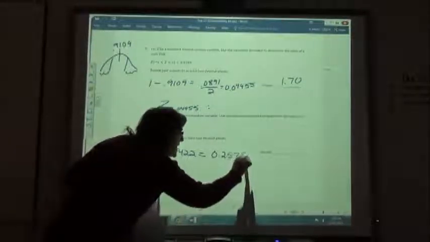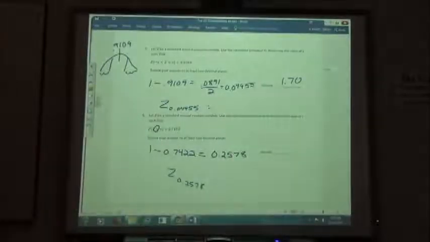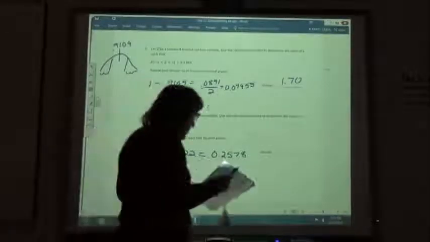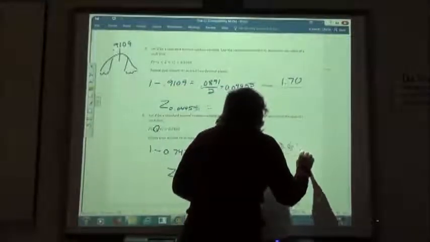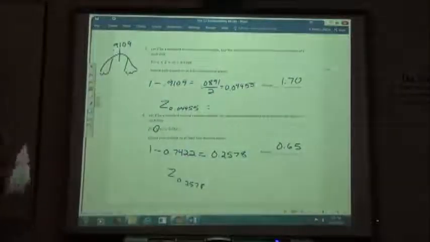Whoops, that was supposed to be an 8, and I wrote a 5. 0.2578. And if you do that to 2 decimal places, you get 0.65.